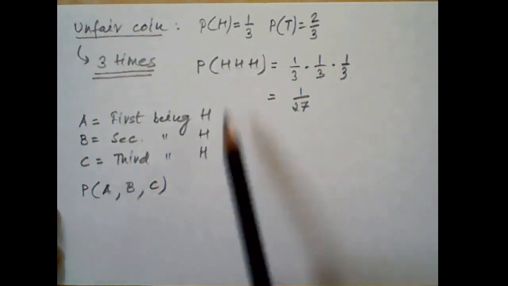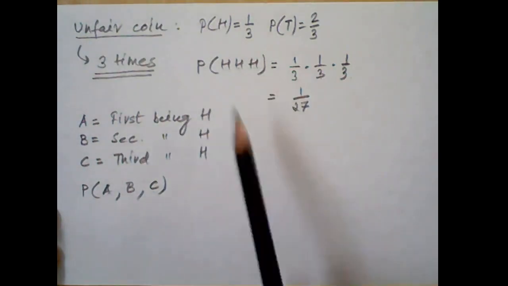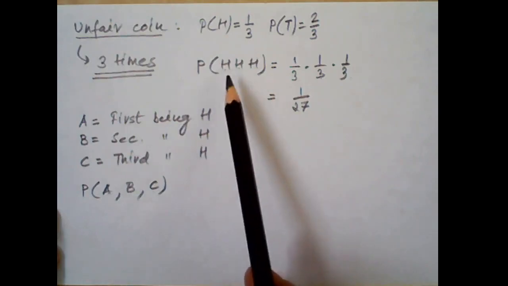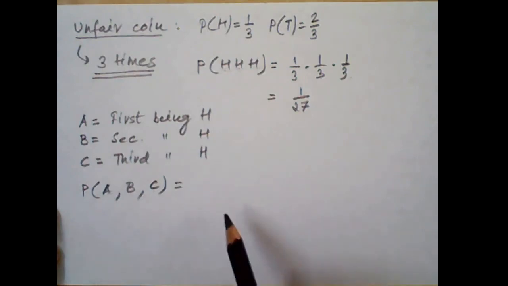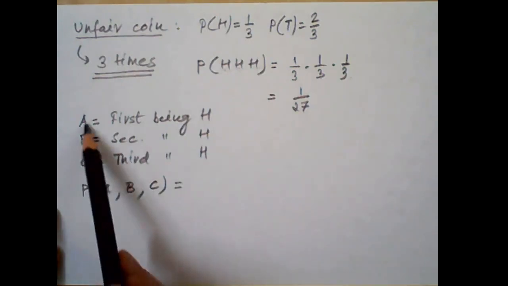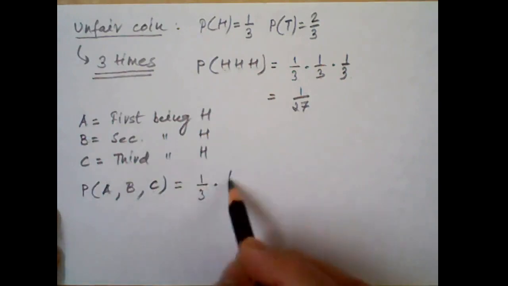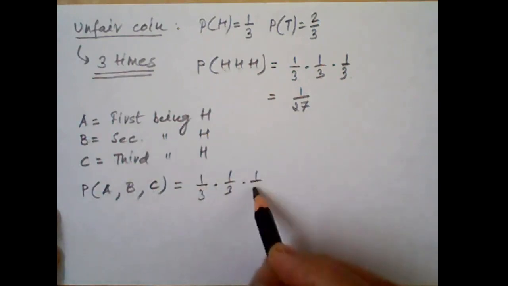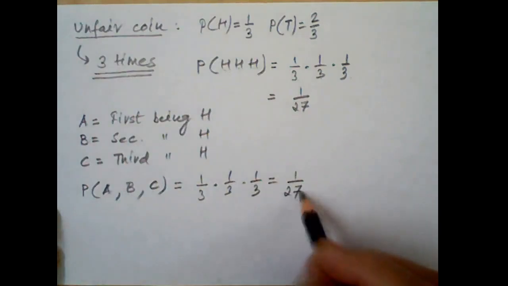And since each of these tosses is independent and the outcome of one has no bearing on the outcome of the other, we can multiply the probabilities of events A, B, and C, and that is why we have 1/3 times 1/3 times 1/3, and that is why it is 1/27.